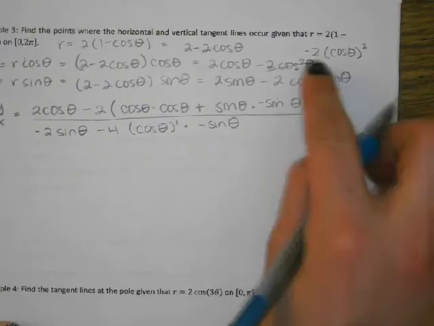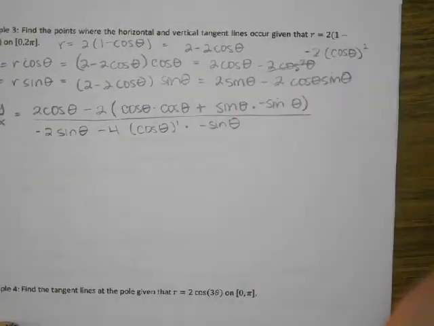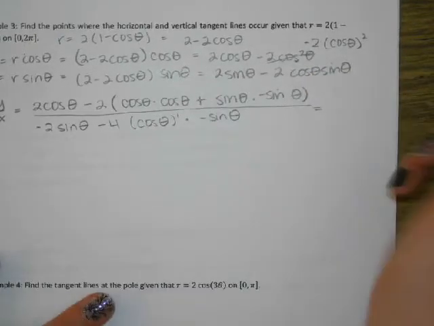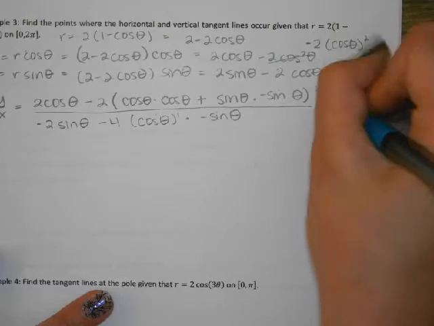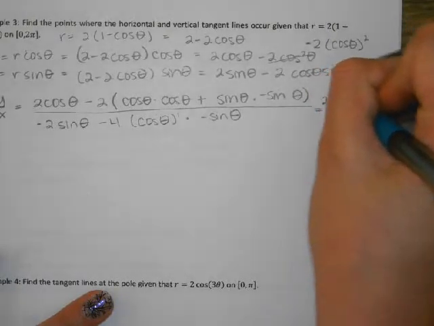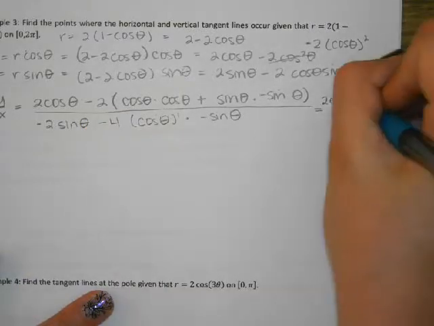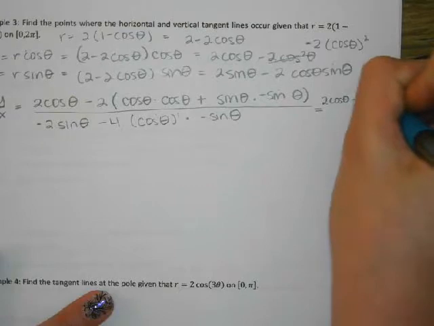I wrote it so I could do the chain rule on it. So on the top, we have 2 cos theta minus 2 cos squared.